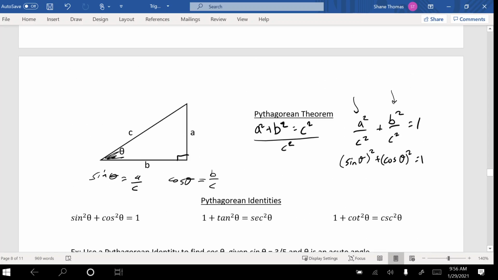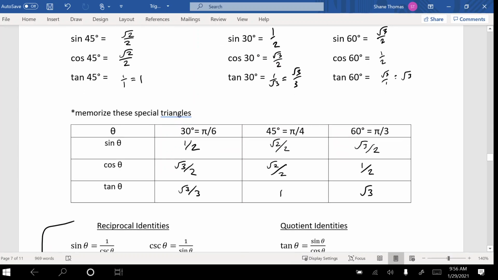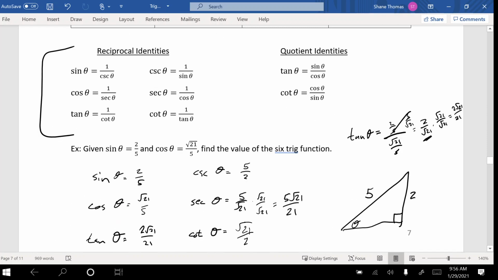So let's flash back here real quick. So 30, 60, 90 triangle. The sine of 30 is the same as the cosine of 60. Okay, cosine of 30, same as the sine of 60. Isn't 30 and 60 added 90? Yes. All right. So that's how they're paired together.